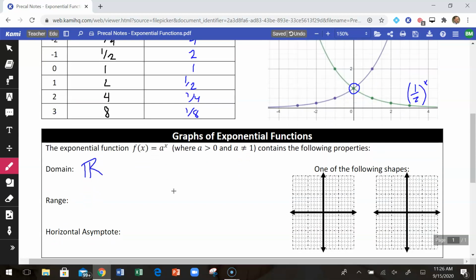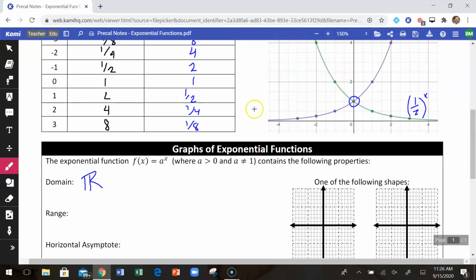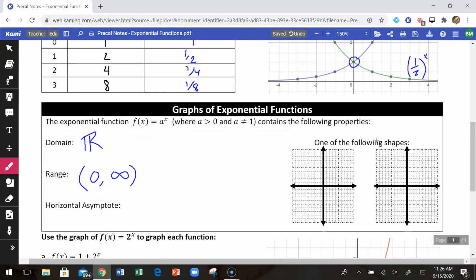The range, as long as there are no transformations going on, if we look at these graphs and we look at our answers, no matter what we plug in, we are always going to have positive values for y, which means our range is going to be from 0 to infinity. It's going to always be positive in terms of their y values, which means there's going to be a horizontal asymptote at the line y equals 0, which is the x-axis.